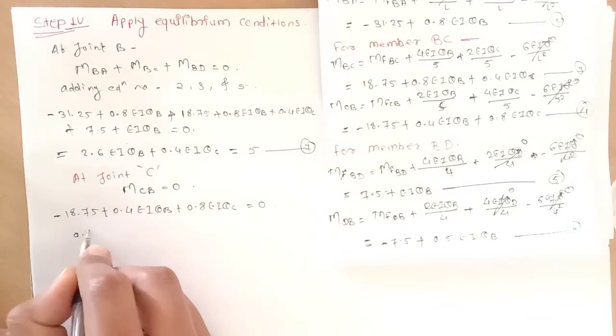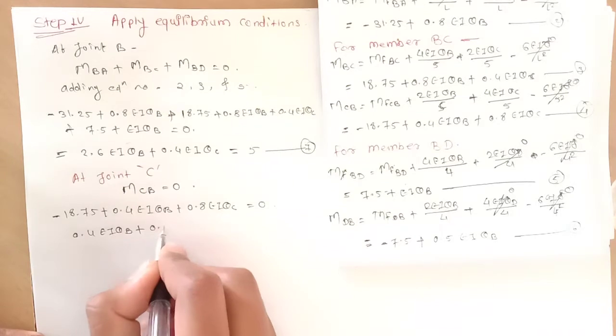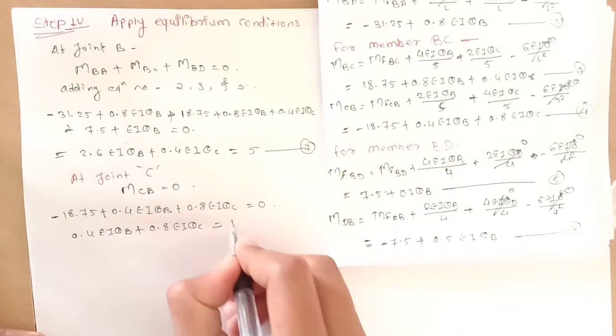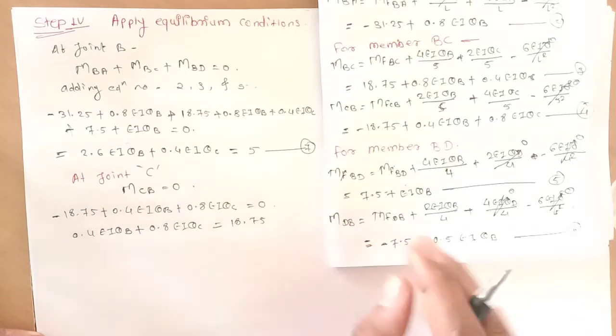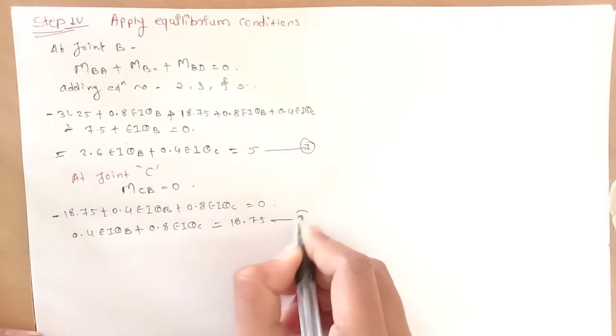Here 0.4 EI theta B plus 0.8 EI theta C is equal to 18.75. This is equation number 8.